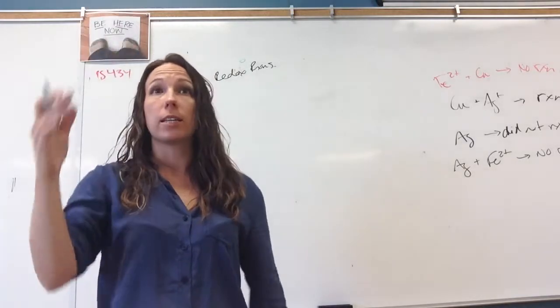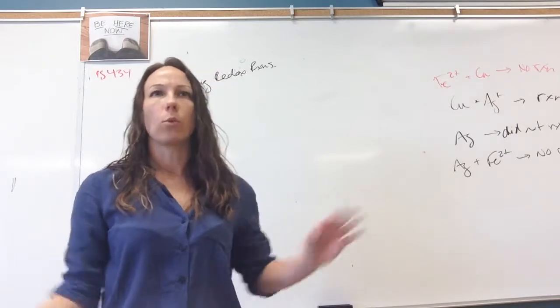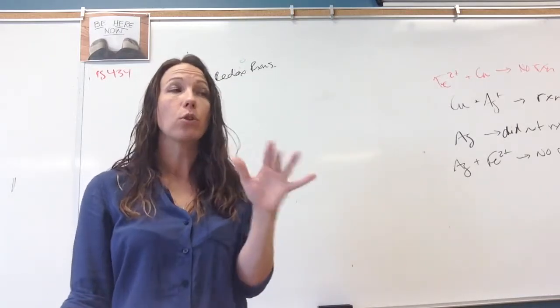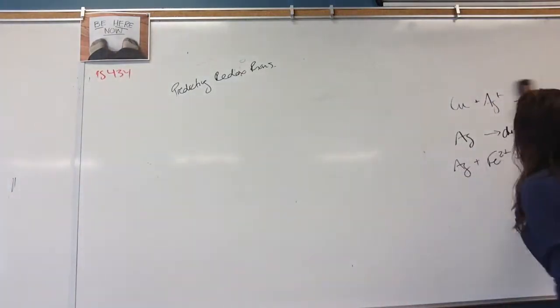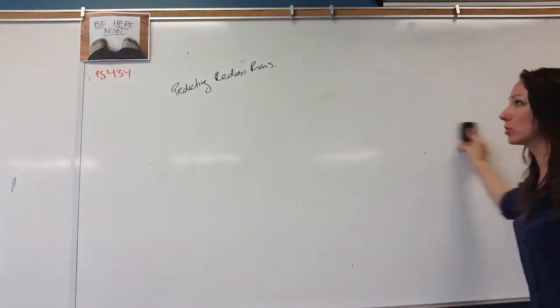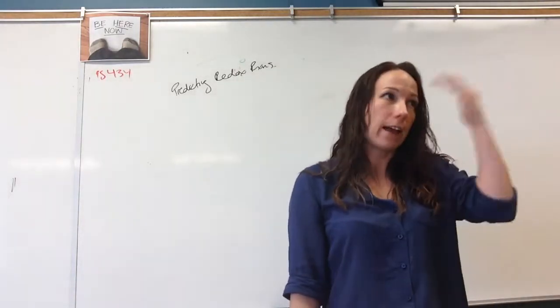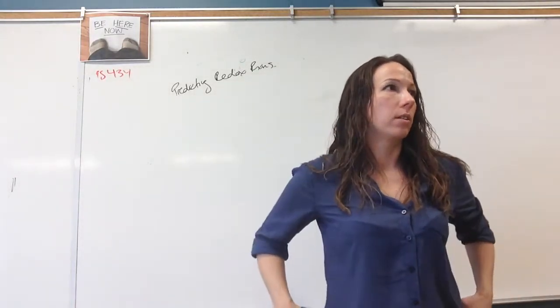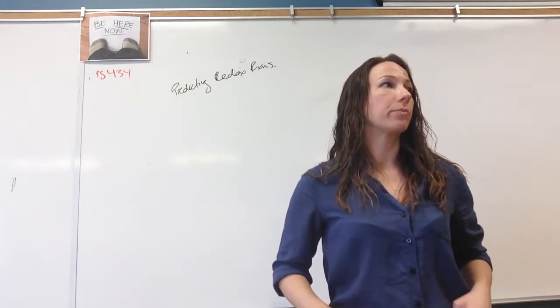So sometimes they say, which of the following is not a redox reaction, or which of the following is a redox reaction? What are you looking for, Connor? Do you remember what we said? Change of oxidation numbers. Right. If it changes oxidation numbers, it must have transferred electrons, and that's a redox reaction. So you're looking for a change in oxidation numbers.